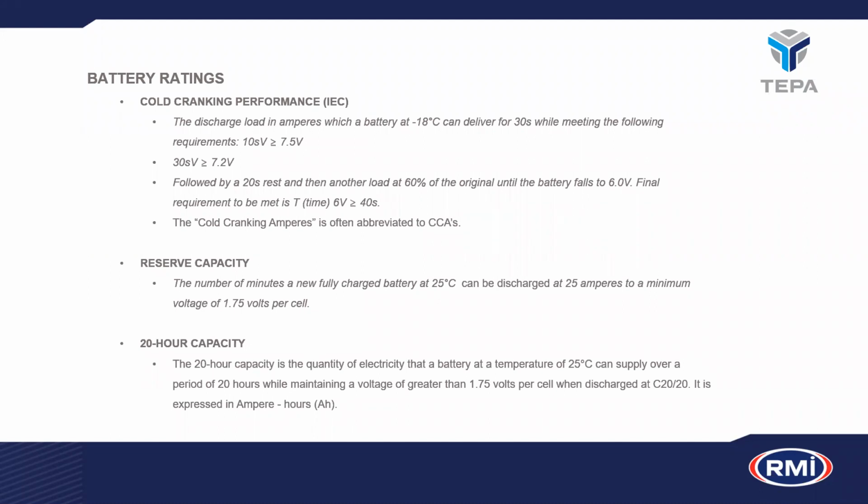In other words, you would be discharging a battery at 25 amps to 6 times 1.75. That would be your bottom voltage across the battery itself.